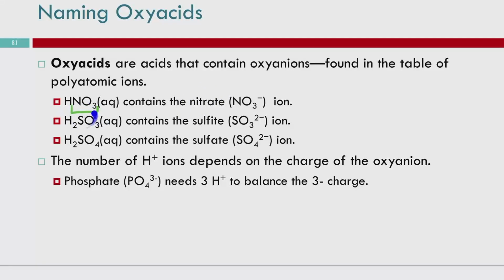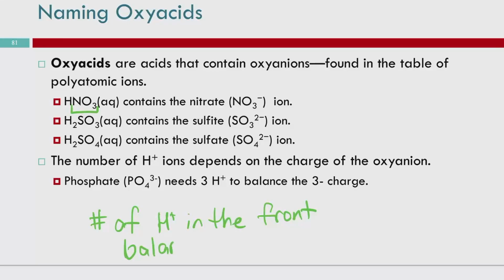In the case of H2SO3 and H2SO4, we would have to maybe do a little bit of rearranging. So SO4 2- is our sulfate. Take one oxygen off, SO3 2-, that's our sulfite. The number of H plus in the front balances the charge of the oxyanion.